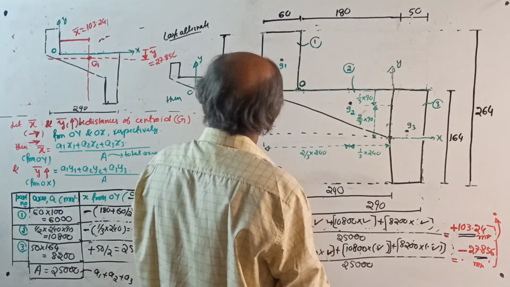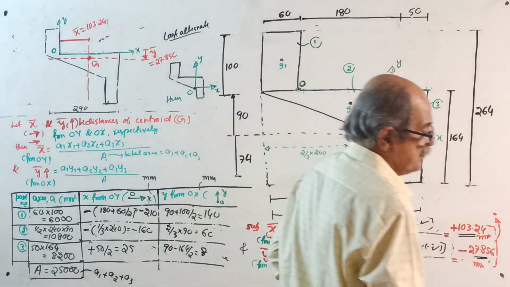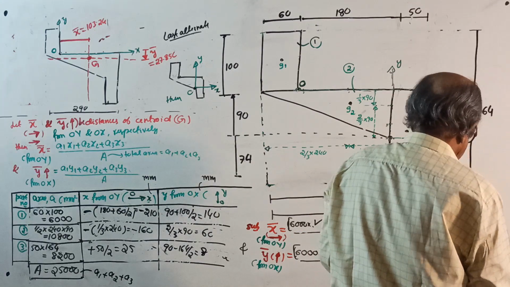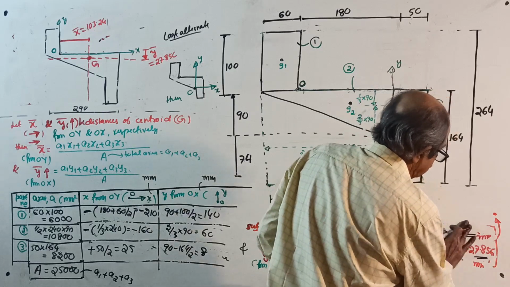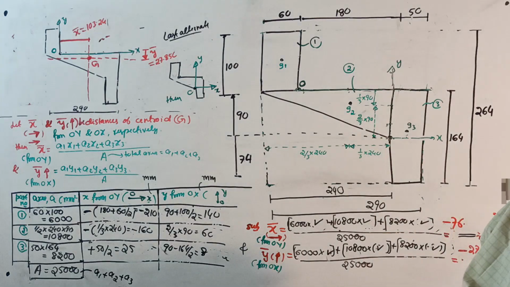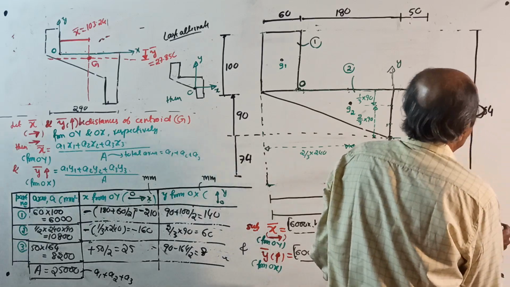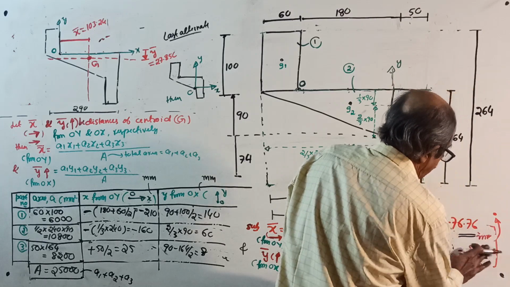Subtract 50. It will come minus 76.76. I have not calculated. It has to come. If everything is correct, if my principle is correct, it has to come minus 76.76.